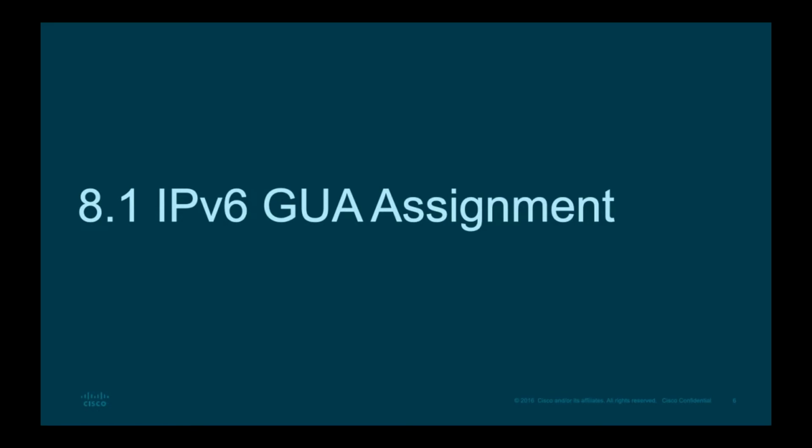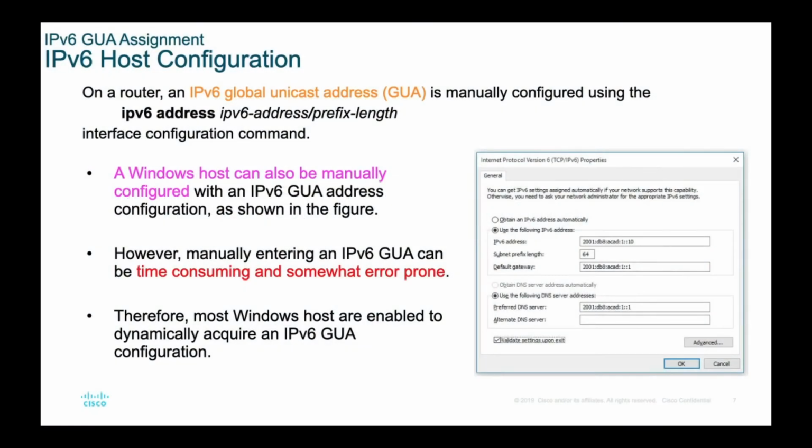Okay, first topic, 8.1 IPv6 GUA assignment. So what is a GUA? Global Unicast Address. Compared to IPv4, where we have a public IP, for IPv6 we call it a global unicast address. And every IPv6 address that we can configure on an interface can be a global unicast address.